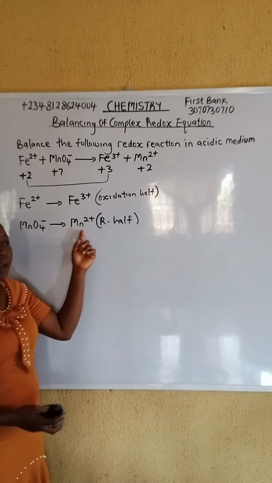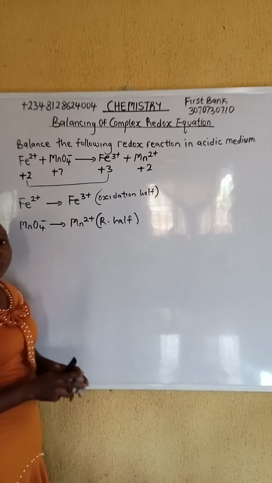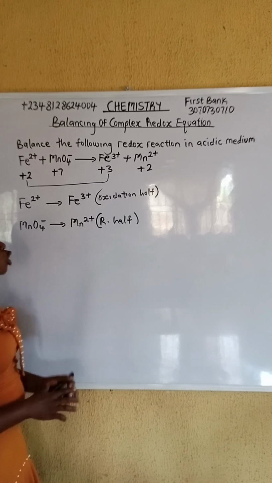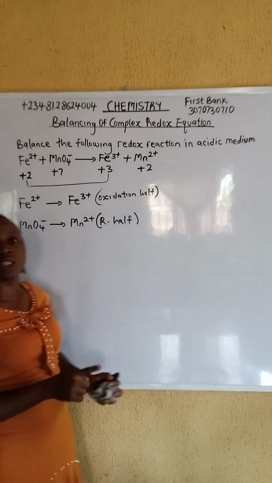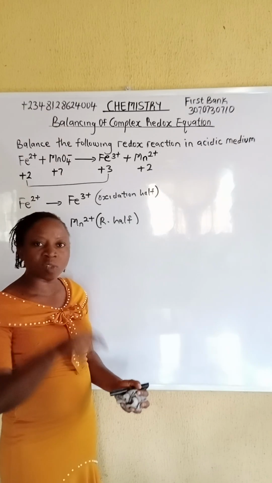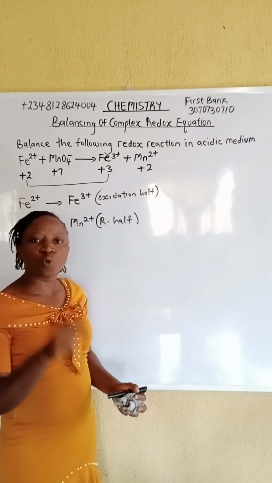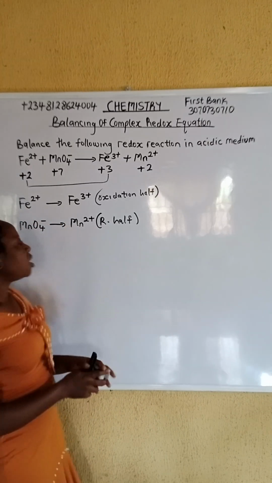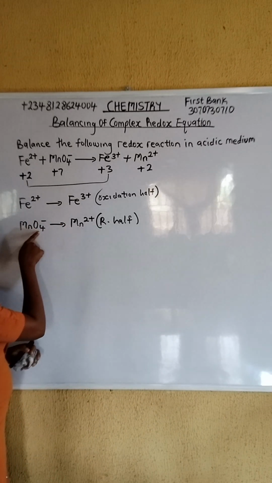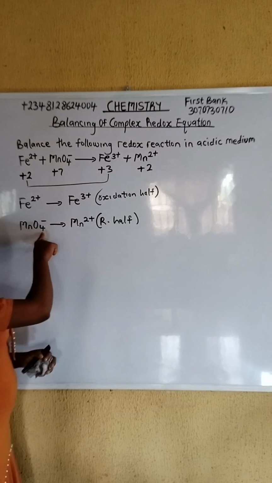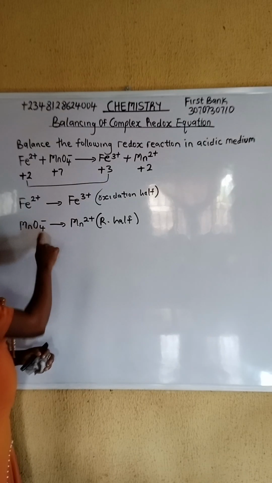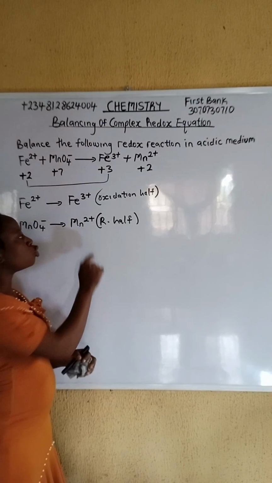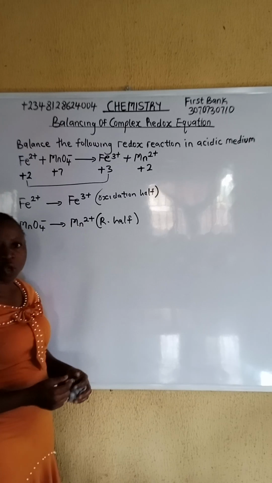So we are going to balance oxygen. To balance oxygen at the product side, you add water molecules. The number of oxygen atoms at the reactant side will be the number of water molecules added to the product side.